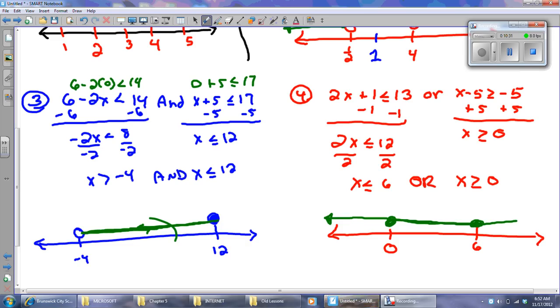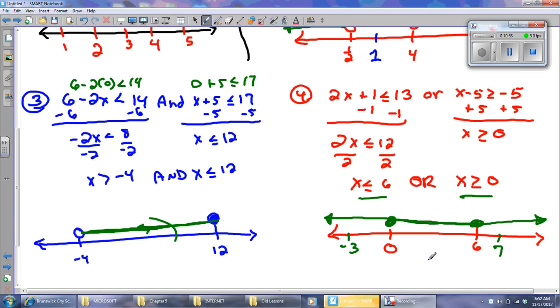And see, I'm not going to stop at the 6 because only one part needs to be true in an or. So 7 is greater than or equal to 0, so it needs to be in the solution. I'm not going to stop at the 0 because like -3 is less than or equal to 6, so it's part of the solution. So what ends up getting shaded?